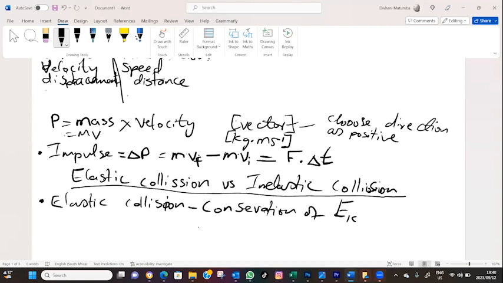Now, the opposite goes with inelastic collision. With inelastic collision, there's no conservation of kinetic energy.